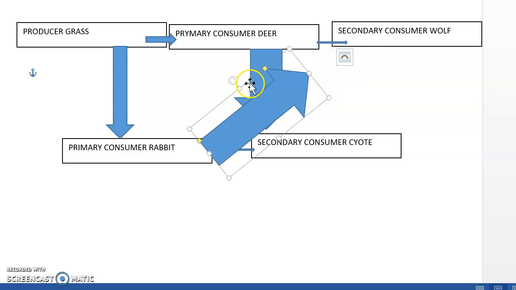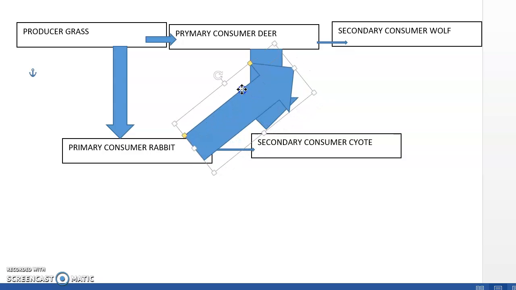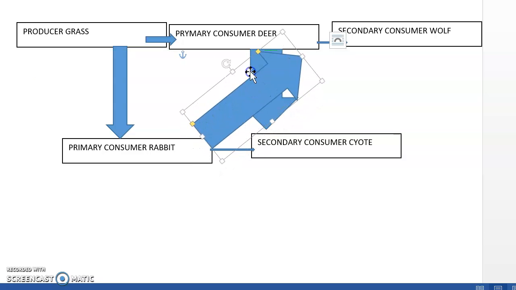So that also goes there. Sorry, I kind of overlapped my arrows, but you get the point. So that goes there. So it's going up towards your wolf there, because wolves do eat rabbits. Sorry, it's so poorly drawn out, but I don't have very much space. And that is your food web.